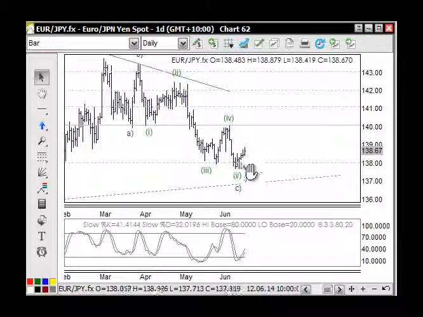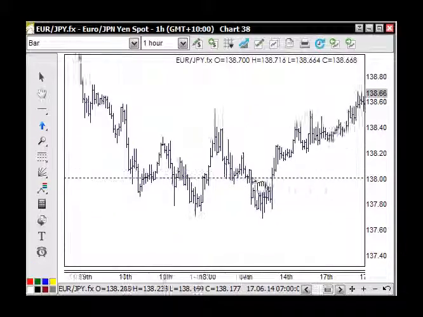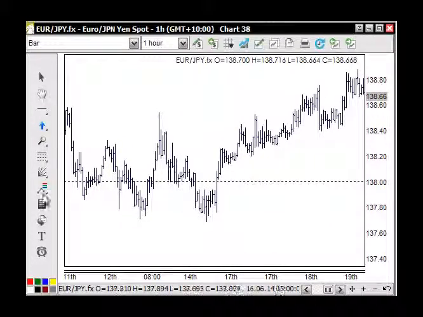What we need here is a nice little impulse wave, which should take us to close to the 139 area through here. So if I look at this being the low there, I can see that we've got 5 waves here. So we've basically got 1, 2, I think that's part of that one there.